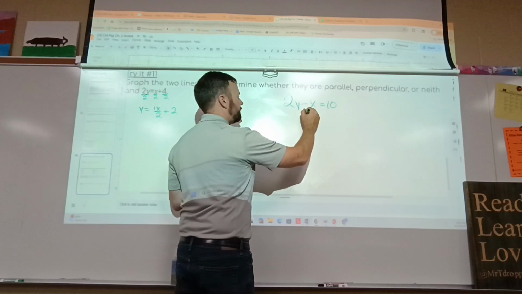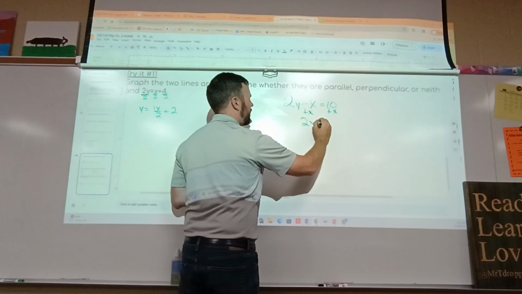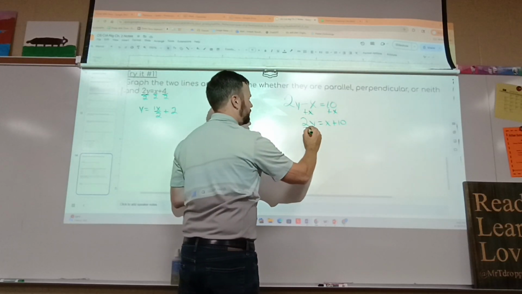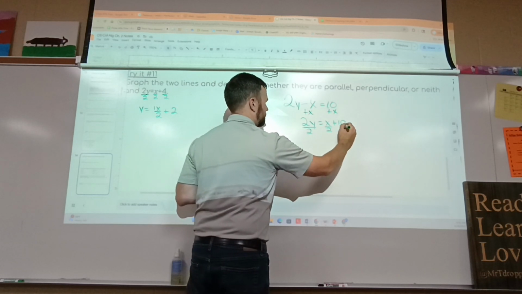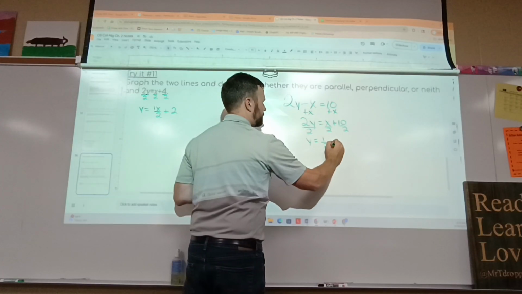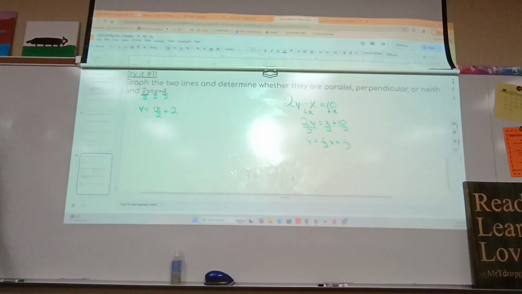Now to get y by itself, I'm going to add x. Add x. Get 2y equals x plus 10. Divide by 2. So I get 1/2 x plus 5. So different y-intercepts, so they are not the same line.